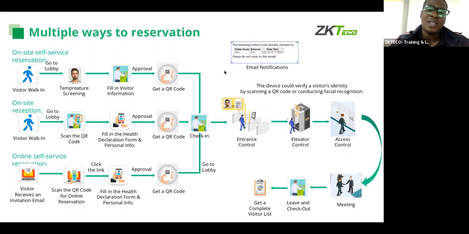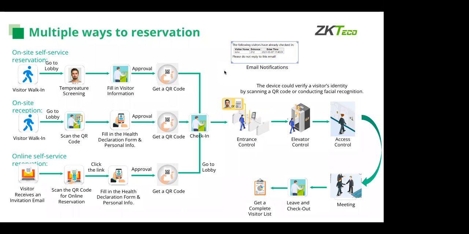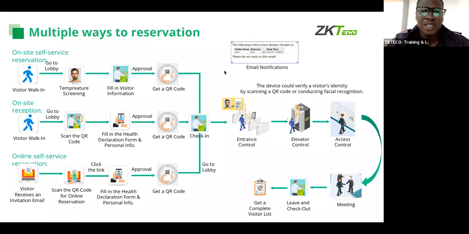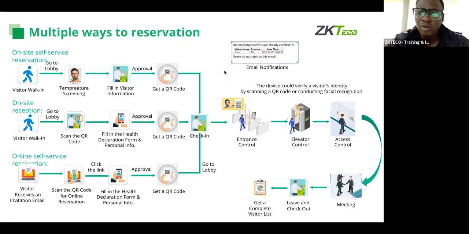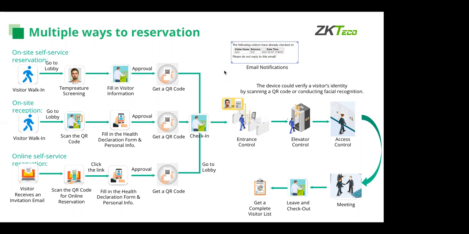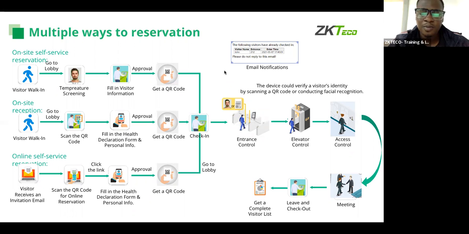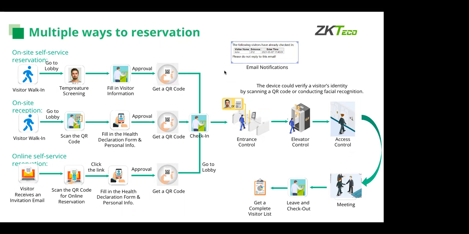If you're an organization that is concerned with facial identity, the visitor can check in with facial identity. And if you're an organization that is particular about generating QR, then you can generate the QR and make use of our QR devices, just like QR500, or you can make use of our SpeedFace or ProFace.